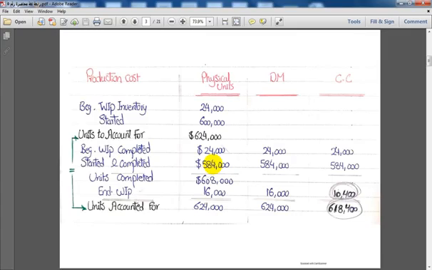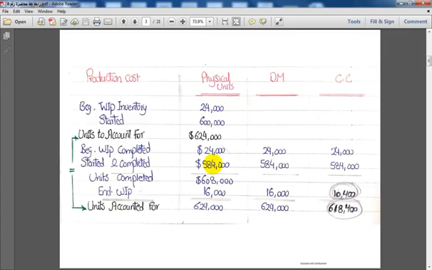Direct material. We stop here at 65%. We have ending work in process. Direct material is added before 65%.